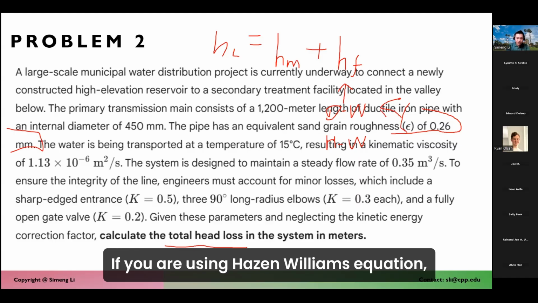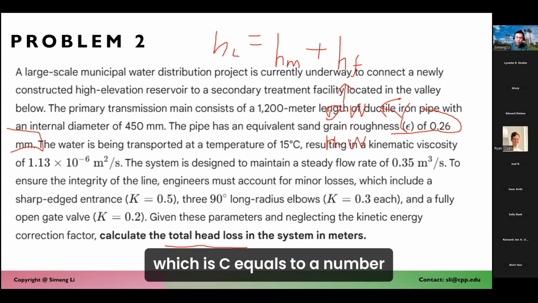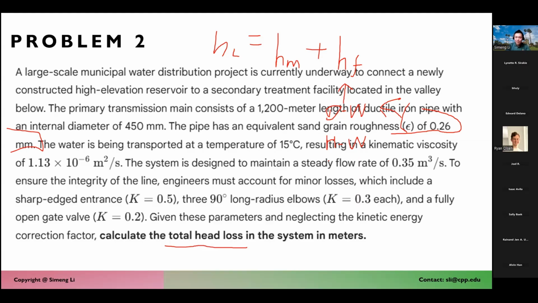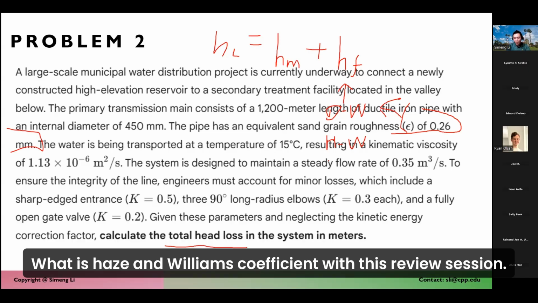If you're using the Hazen-Williams equation, you're looking for the Hazen-Williams coefficient, which is C equals a number that is typically larger than 100.